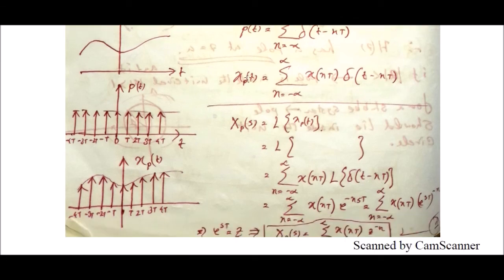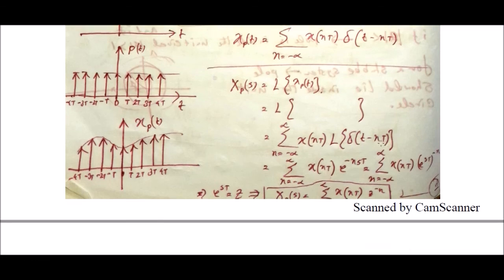Now Laplace transform this sampled signal. This sampled signal is nothing but x(n) actually. So Laplace transform gives capital X_p(s). If you do that, see that these x(nT) are constant terms. They do not have the time variable t. So the integral of the Laplace transformation can be taken inside. That means the Laplace transformation applies to the delta function only.